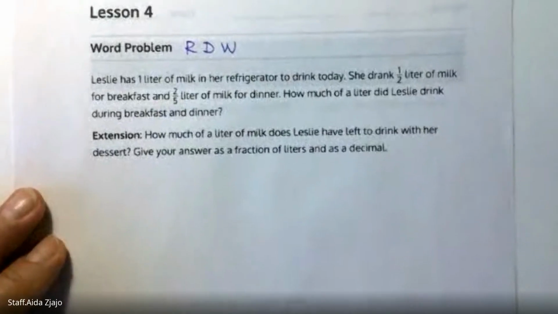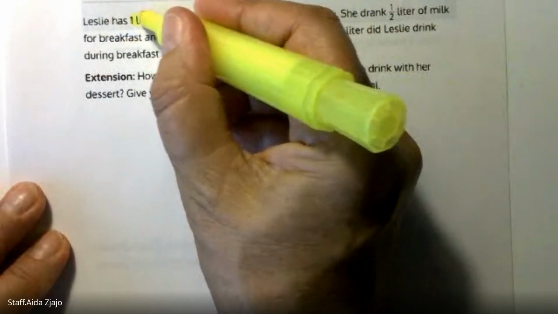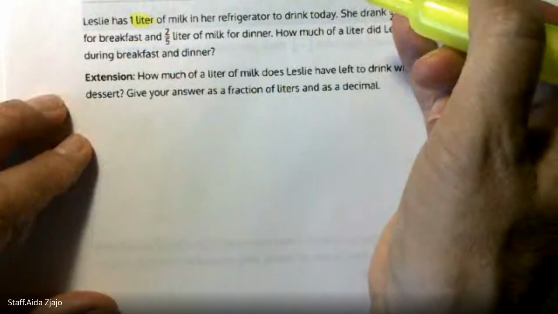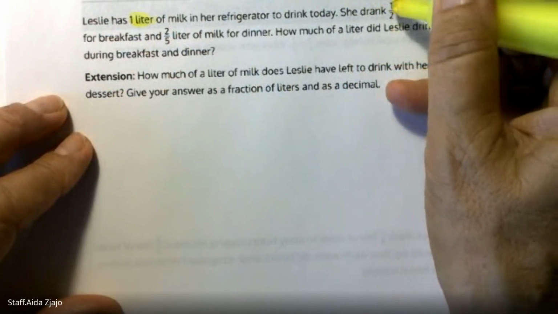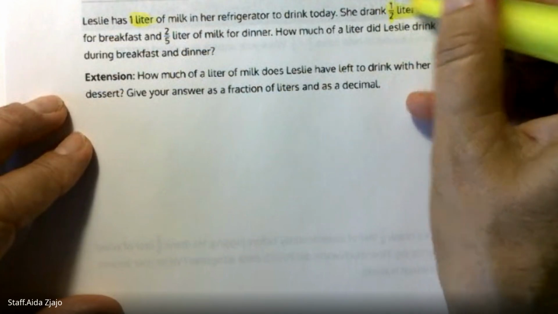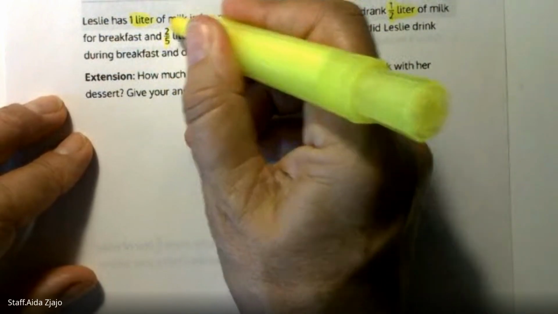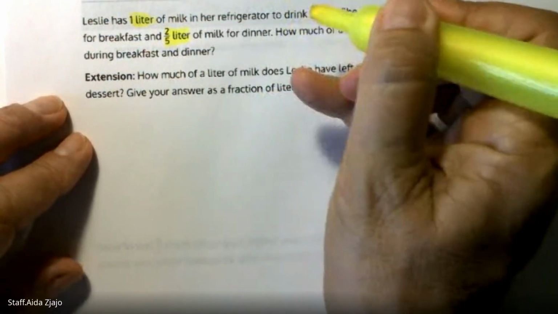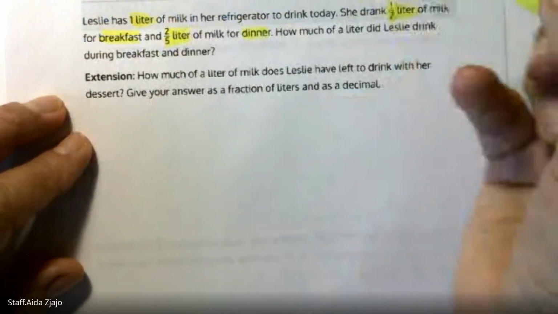It's a word problem. We're going to read, draw, and write our answer. The story says Leslie has 1 liter of milk in her refrigerator to drink today. She drank half a liter of the milk for breakfast and 2/5 of the liter for dinner.